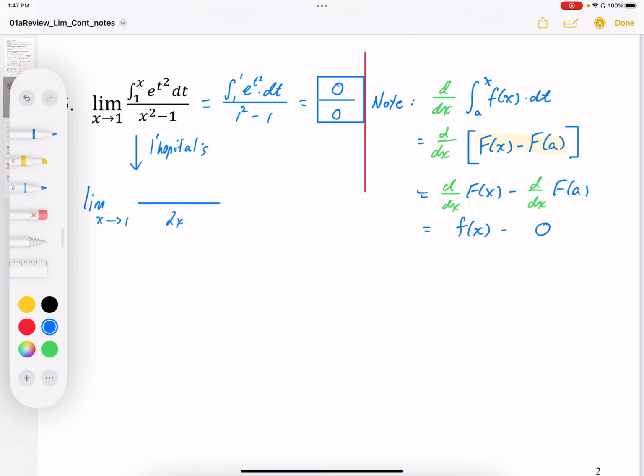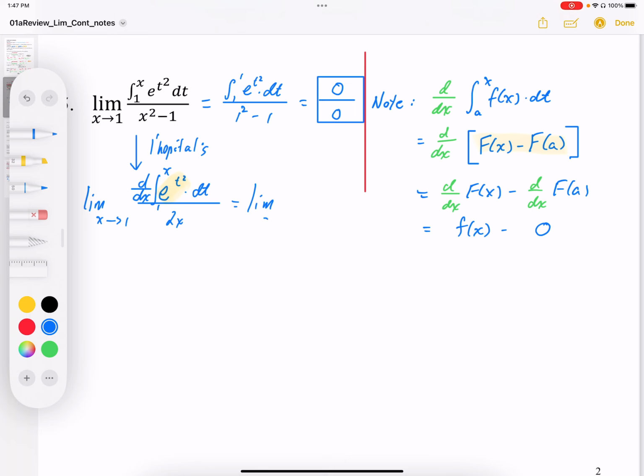Now, I can't integrate that expression and then differentiate it, but I don't need to, because I'm going to apply the fundamental theorem of calculus and just say that the derivative of that integral, maybe I'll just write that out, d by dx of the integral from 1 to x of e to the t squared dt, when I differentiate that, I'm just going to end up with the expression that I had in here.